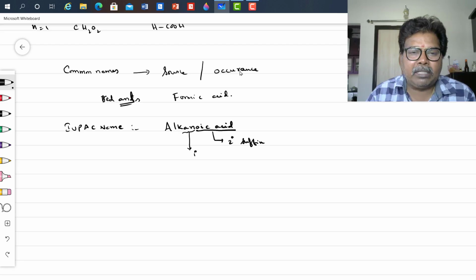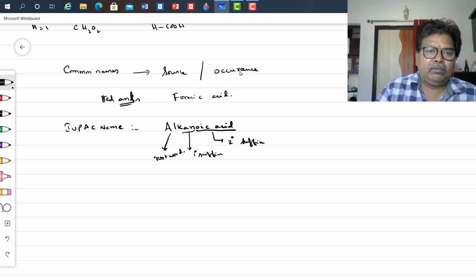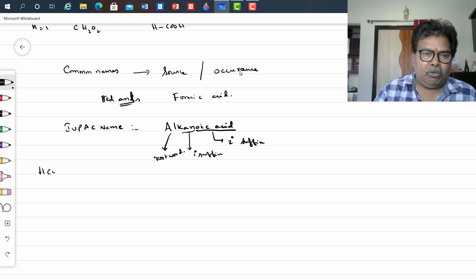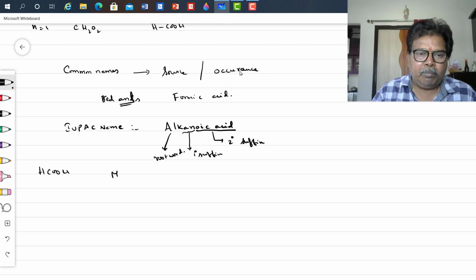An is the primary suffix. Alk is the root word or word root. For example, HCOOH has only one carbon atom, so the root word is meth. Meth, an, oic acid: methanoic acid.